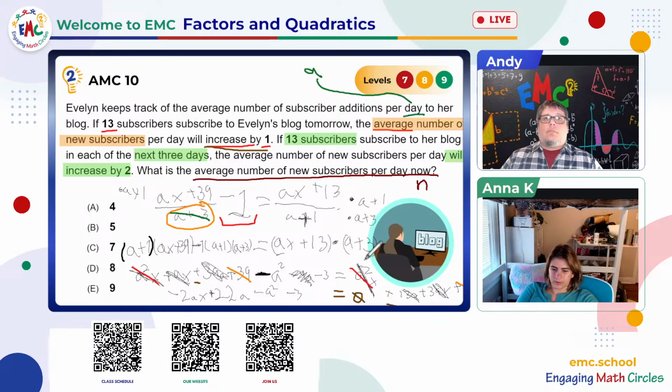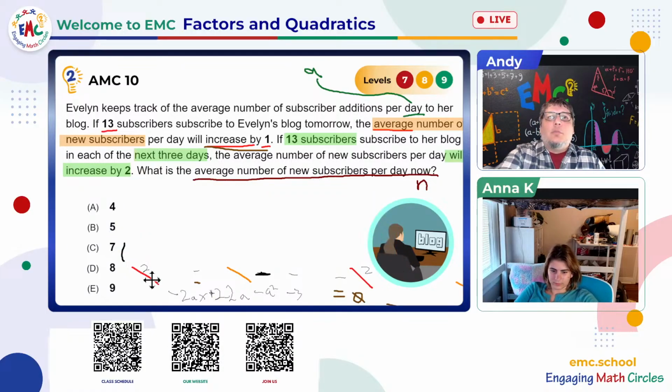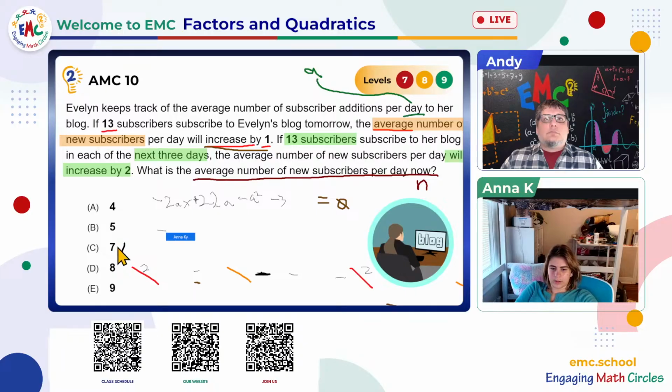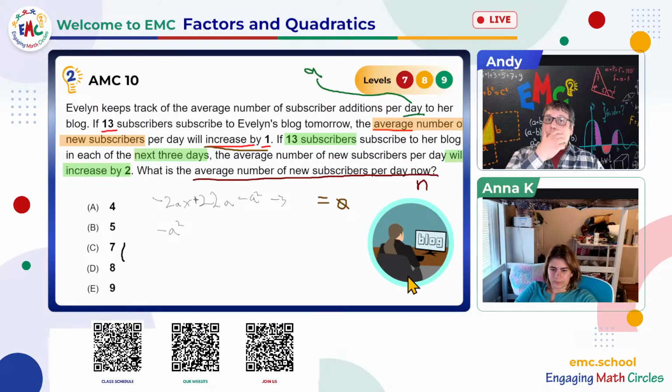So it looks like it needs rearranging. Let's clear off this top here. I'll move this up to the top. So negative A squared. Oh, I see what we might need to do.